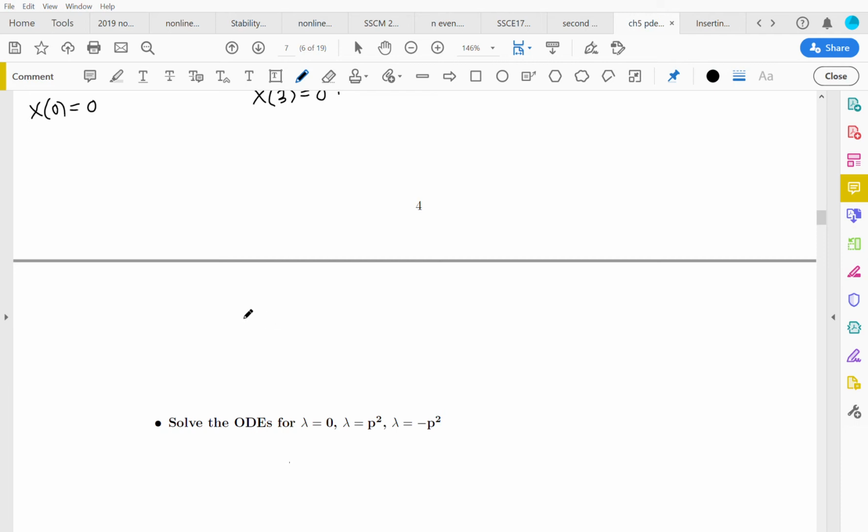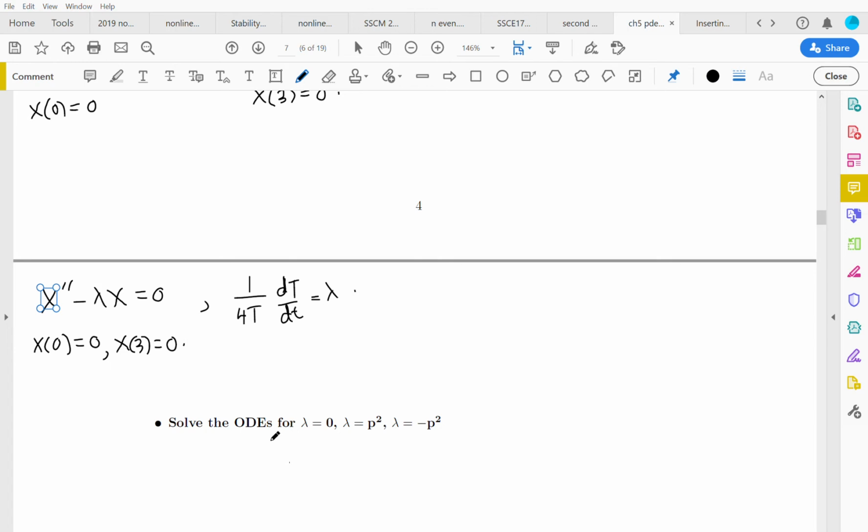We have the ODE for x: x double prime minus lambda x equal to 0. This comes from the first step. And the ODE for t is 1 over 4t dt equal to lambda. And from the second step, we have the boundary conditions for x: x(0) equals 0 and x(3) equals 0.